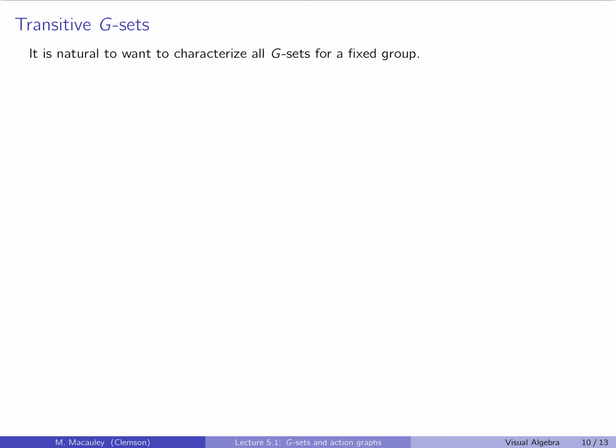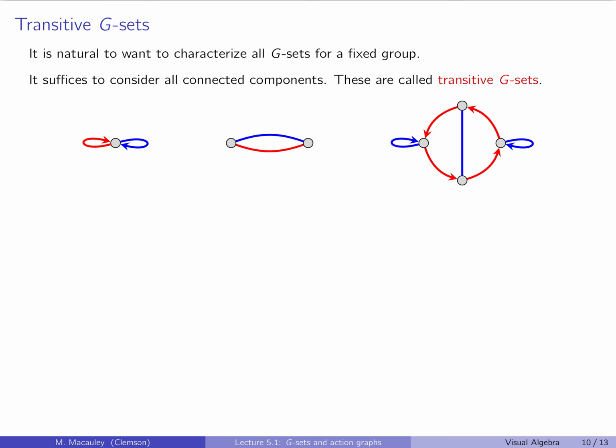It is natural to want to characterize all G-sets for a fixed group. And it suffices to consider all connected components. These are called transitive G-sets. I'll have a whole lecture on this later in this chapter. But here's an example. Here are 3 transitive G-sets that we've seen before.